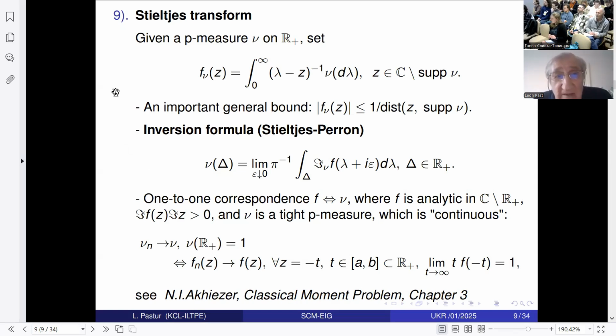And it turns out that a quite efficient tool is to pass from the eigenvalue distribution to its Stieltjes transform, which is defined this way. You go from the measure to the Stieltjes transform, which is a function of a complex variable, analytic outside of the support of the measure.